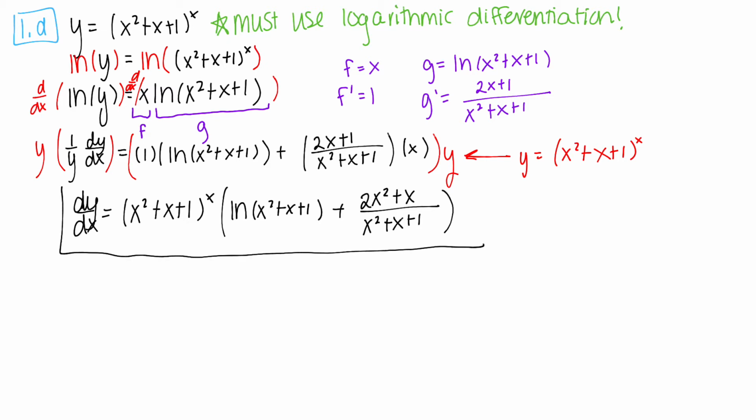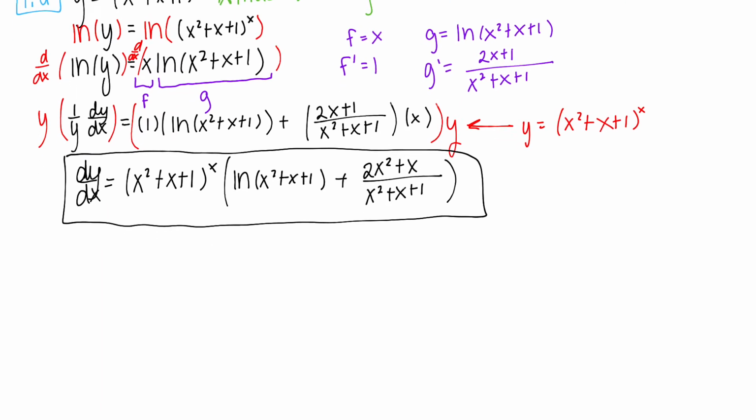Personal choices. All right. So that was a logarithmic differentiation. And you had to do logarithmic there because you are in a situation where x is in the base and x is in the exponent.